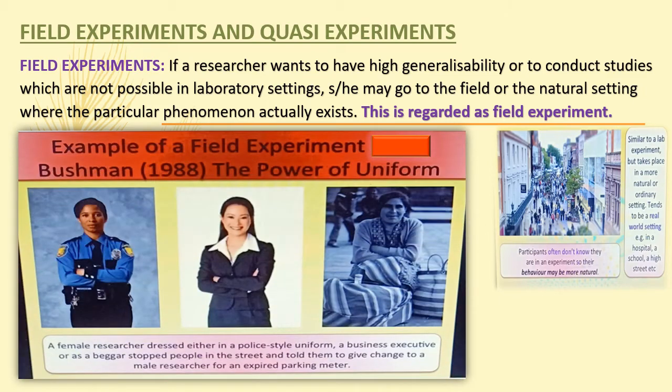So here is an example of field experiment given by Bushman 1988, which is the power of uniform. Bushman conducted this field experiment where a female researcher dressed either in a police style uniform, as a business executive, or as a beggar, and stopped people in the street and told them to give change to a male researcher for an expired parking meter.